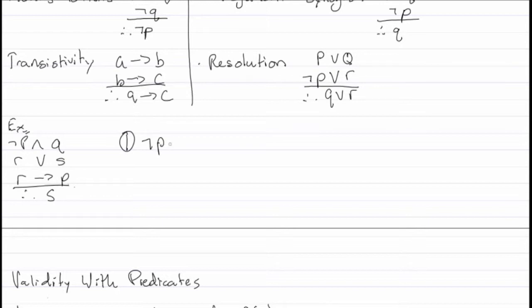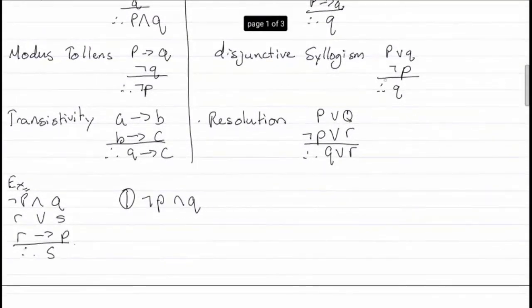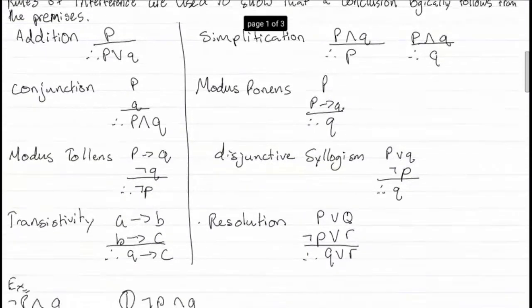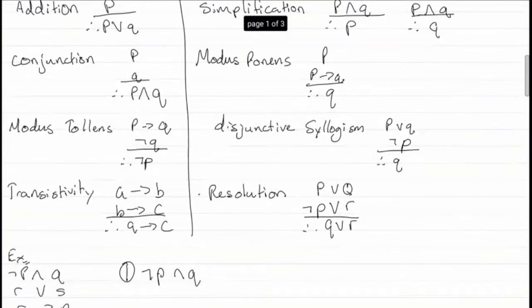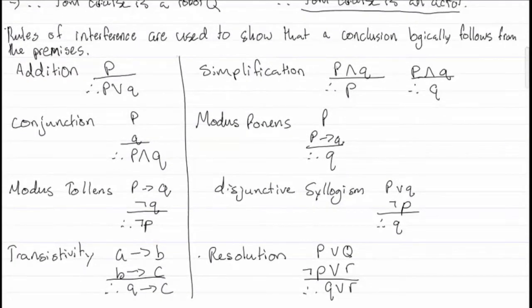not P and Q. So we can go back to our rules of inference here, right? And we can see that there is something that we can do with these rules to basically simplify this down. So right here, let's look at our simplification rule. This is just a general form for it.